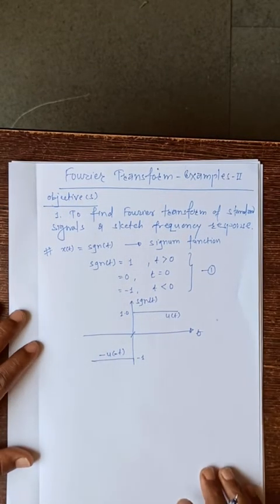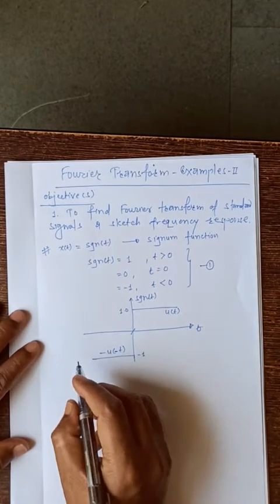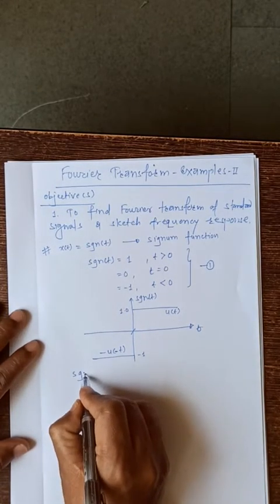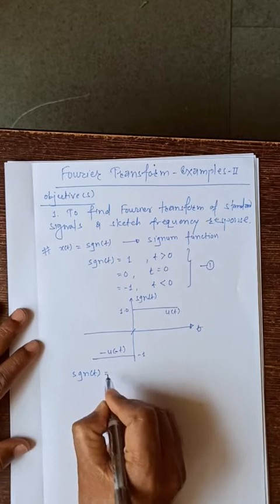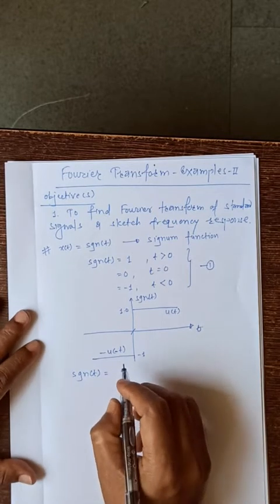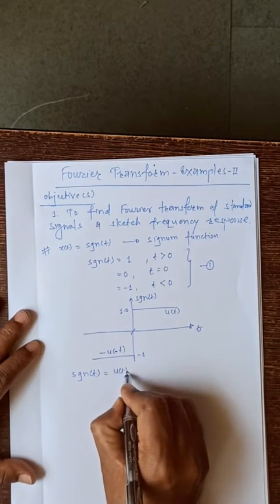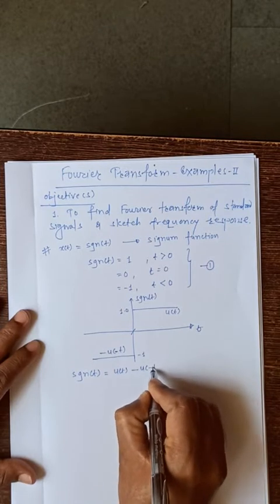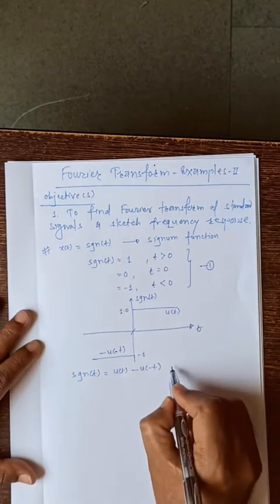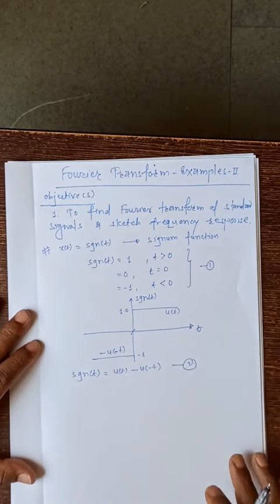So this is sgn(t), or we can define sgn(t) is equal to u(t) minus u(-t). Let it be equation number 2.